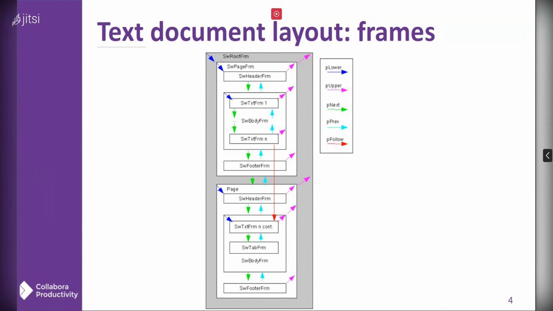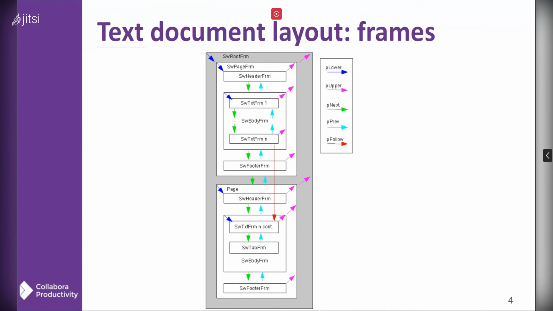So when we have a Writer layout, that's meant to be a layer between the Writer document model that you are mutating as you edit the document and the rendering. The document model is something that I covered in an earlier TTT. It's what you mutate.